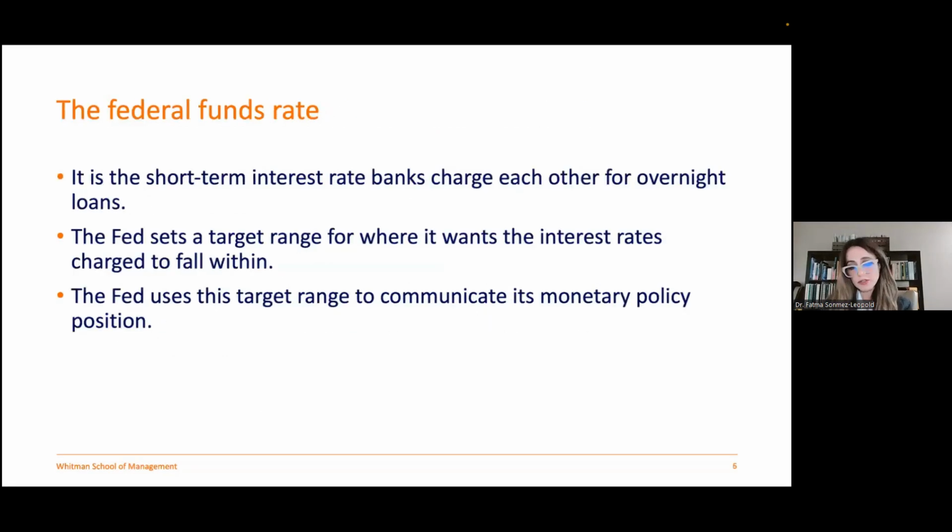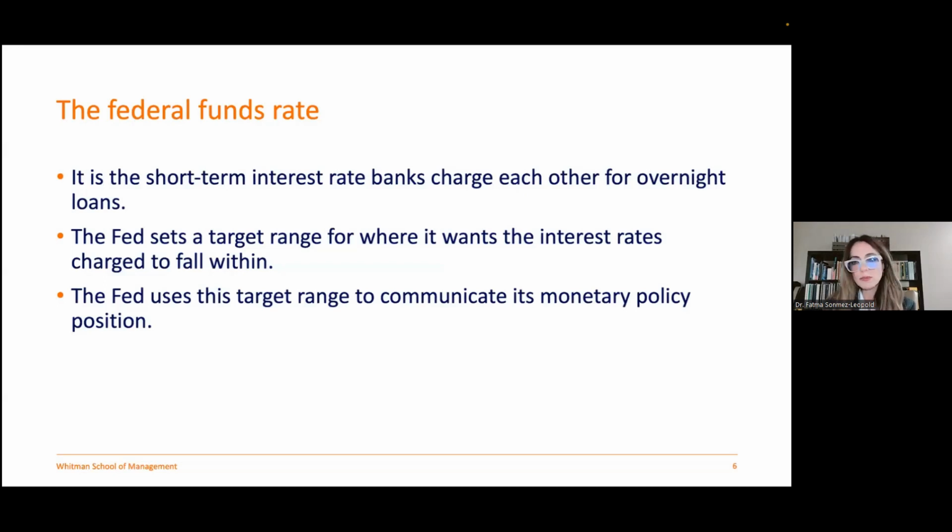Now, what is the federal funds rate? Remember, I said there's an interest rate that they are controlling. That specific interest rate has a name. It's called the federal funds rate. This is a short-term interest rate that banks charge each other for overnight loans.